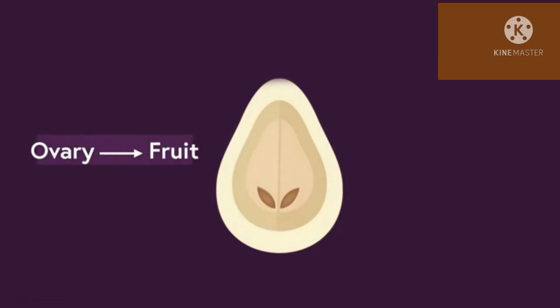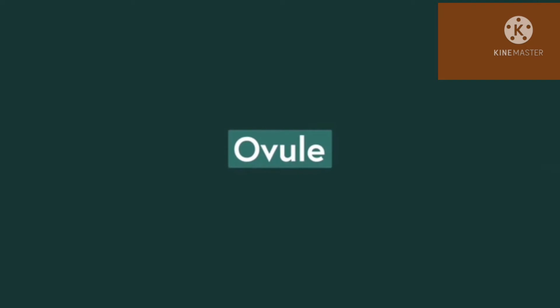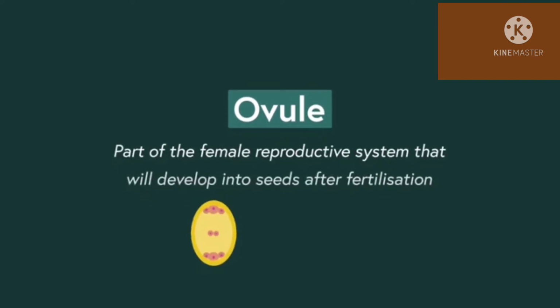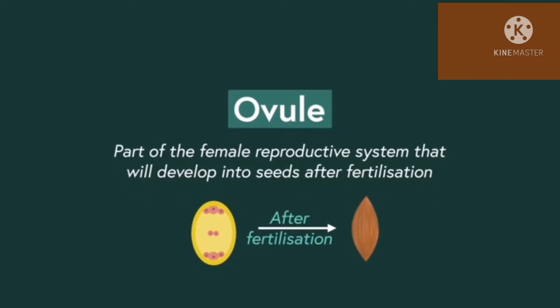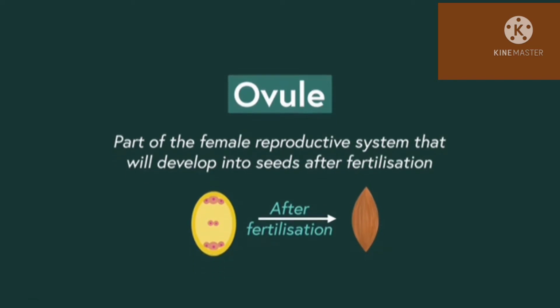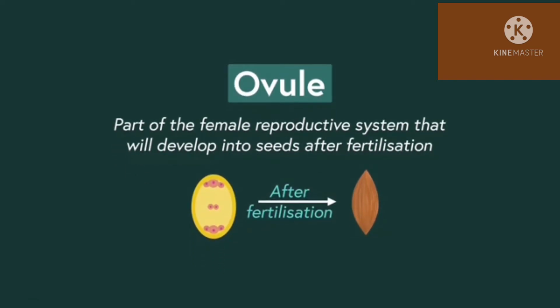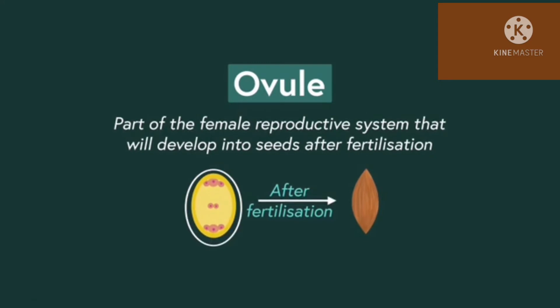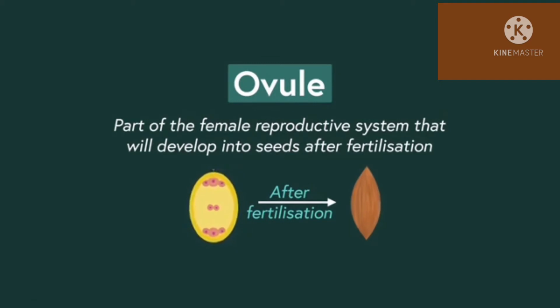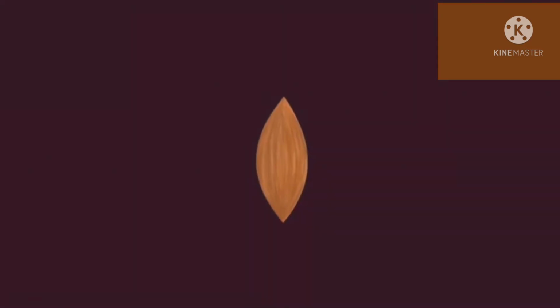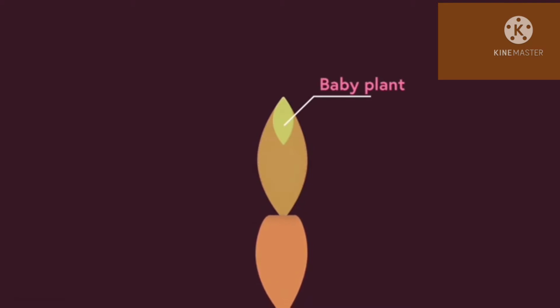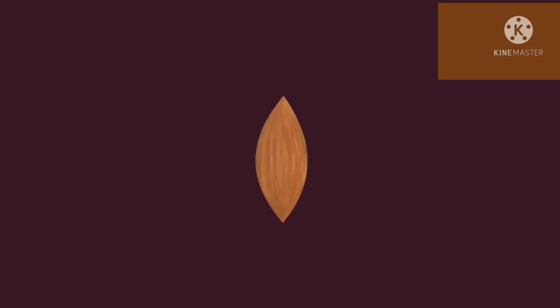You know that the outer part is the ovary and the inner part is the ovule. The outer ovary becomes the fruit and the ovule becomes the seed. So the part of the female reproductive organ that develops into the seed after fertilization is the ovule. The zygote will divide and develop into an embryo, which will give rise to the plumule and radicle of the seed.